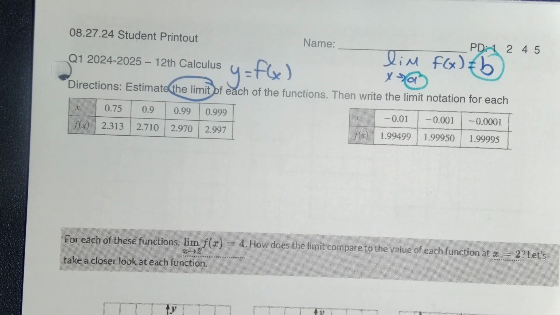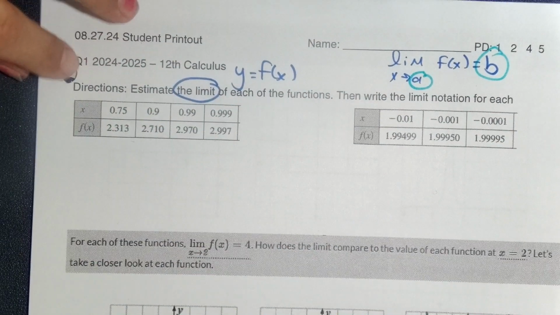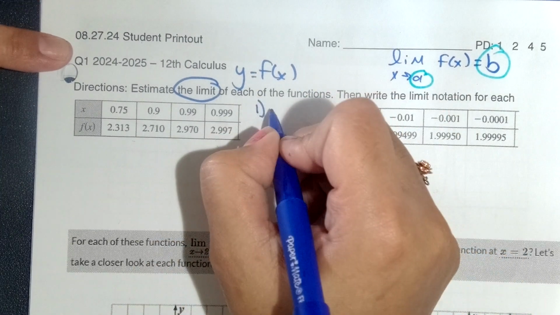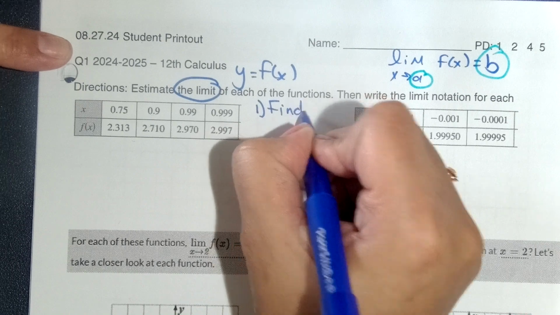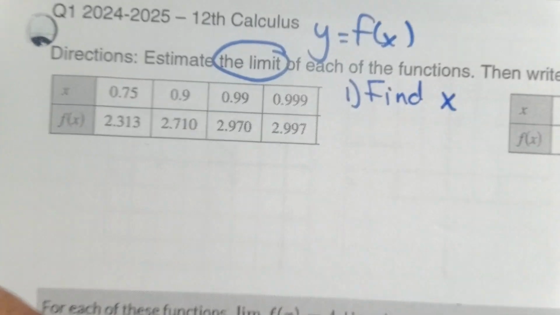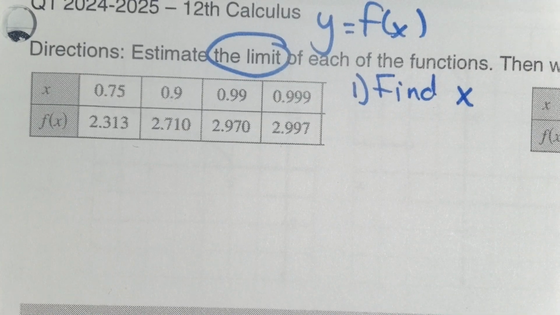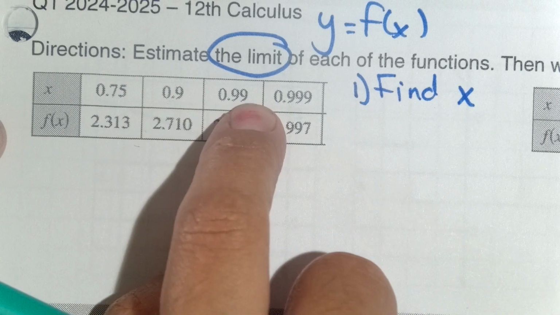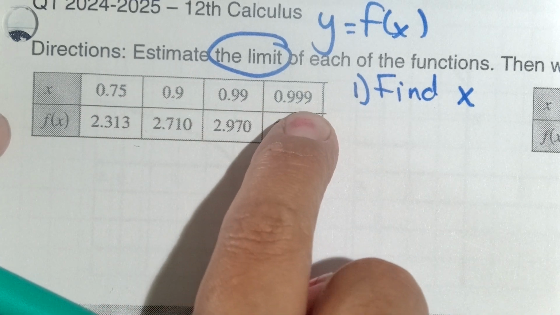Got it? Okay, so let's look at this example. The first thing you want to do is find the x value it's getting closer and closer to, or rounding to, okay? I'm going to zoom in. Is it okay if I zoom in there? Is that good? Okay. So if we look at the x value, what is it getting closer and closer to? 1.